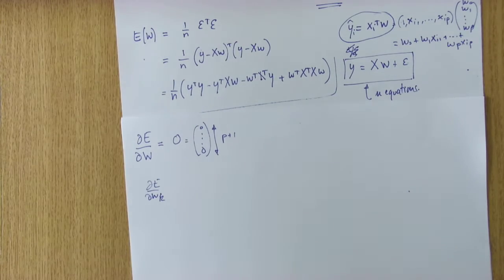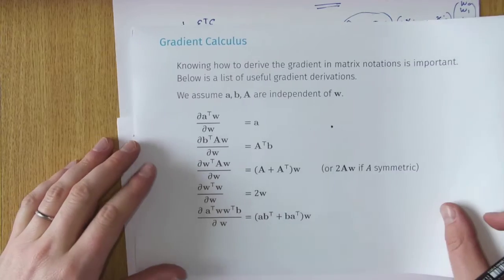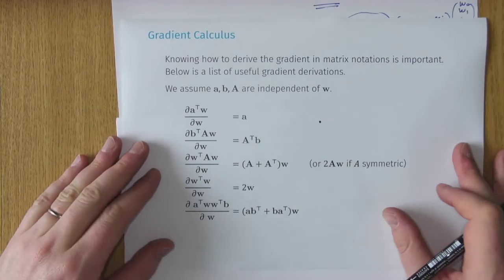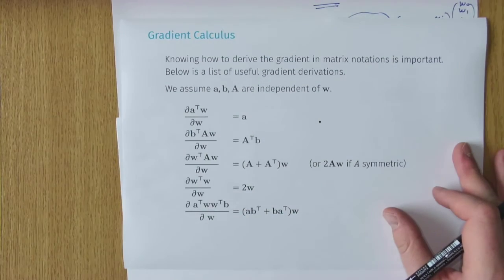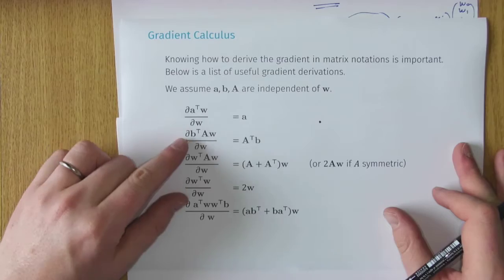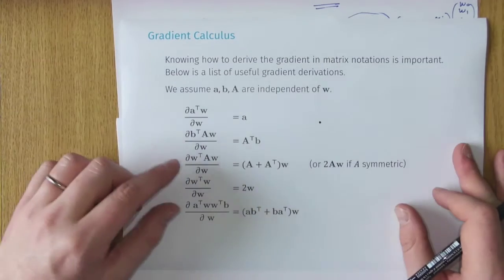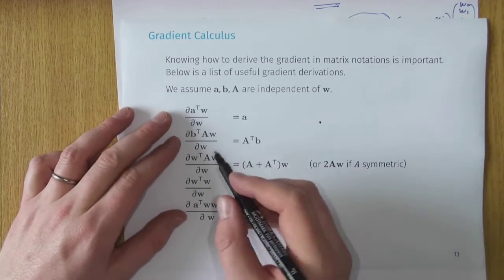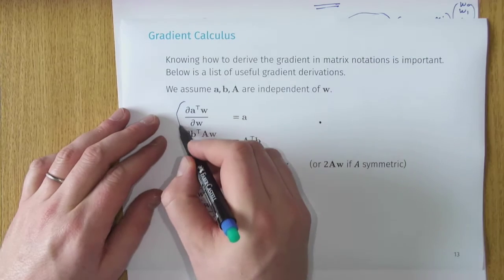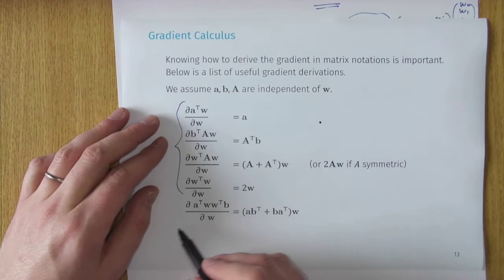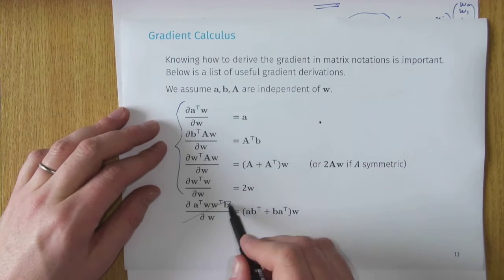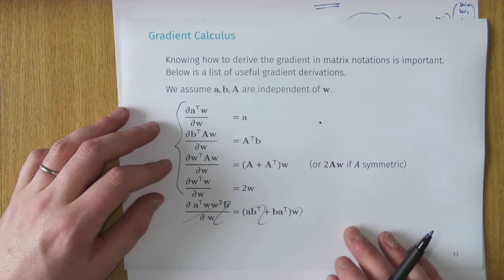Let's look at what you have in the slides. They're just results you can plug into whatever situation you have and apply. These ones are important, and this one is a bit more obscure, so forget about it.